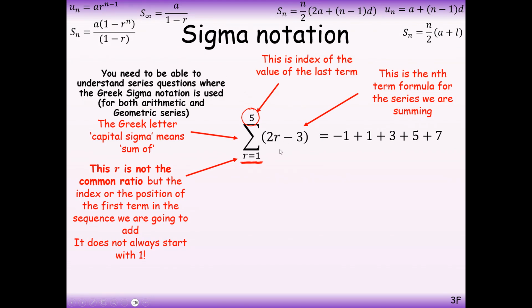What's the common difference? Just looking at this term here, the multiplicative factor is the 2. So that's the number that will tell us the common difference. The common difference is 2 because we are multiplying the index by 2.